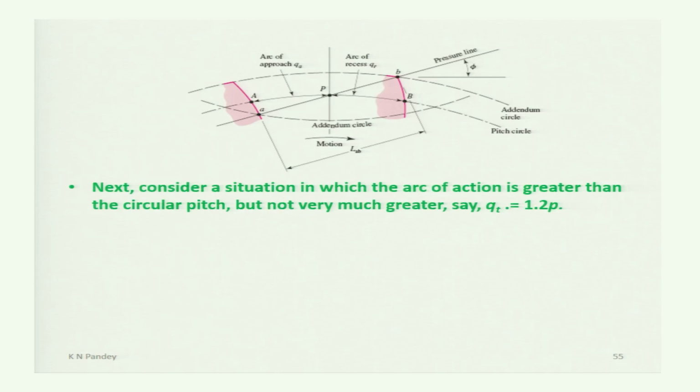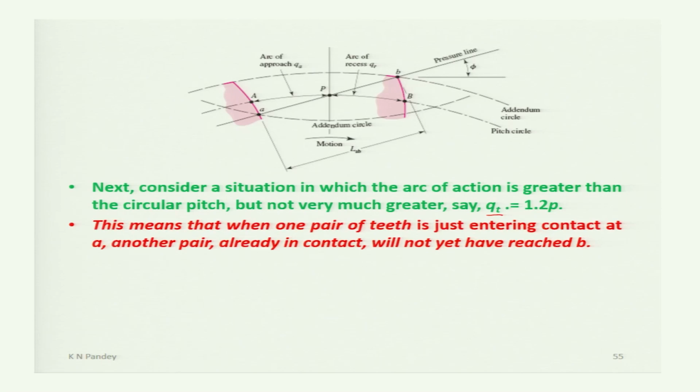Next, consider a situation in which the arc of action, meaning the circular distance from capital A to capital B, is greater than the circular pitch, but not very much greater. Say Qt, the arc of action, is equal to 1.2 times the circular pitch.